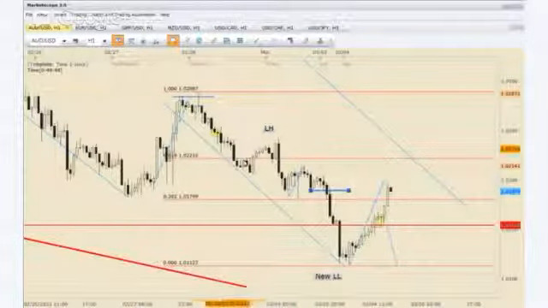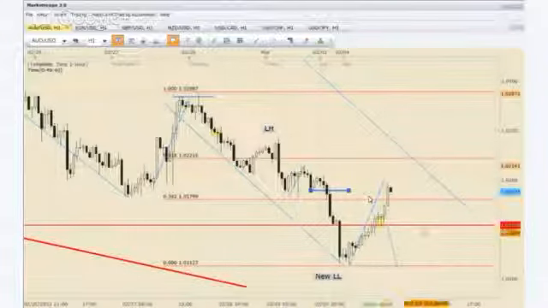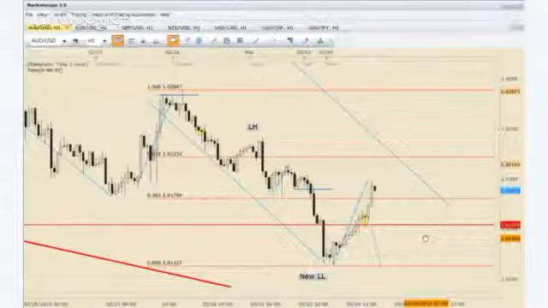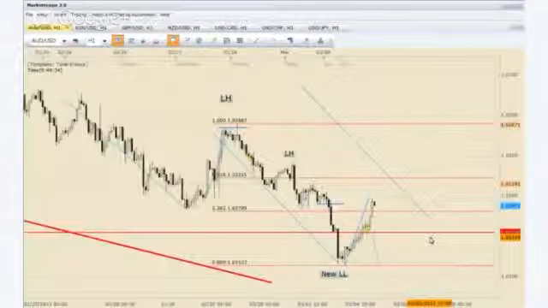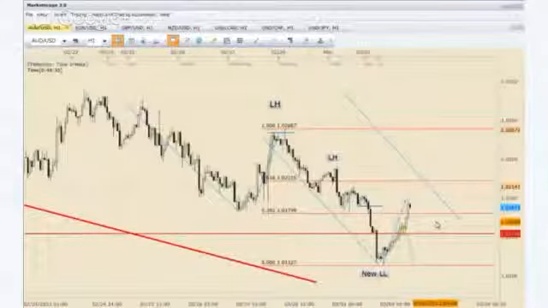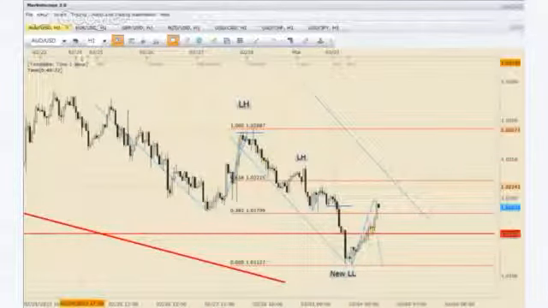And when you wait for that, look how rapid the moves are. Boom. So that's what the Aussie looks like. At present it looks like it's in pullback mode without a signal yet to continue into the downside.